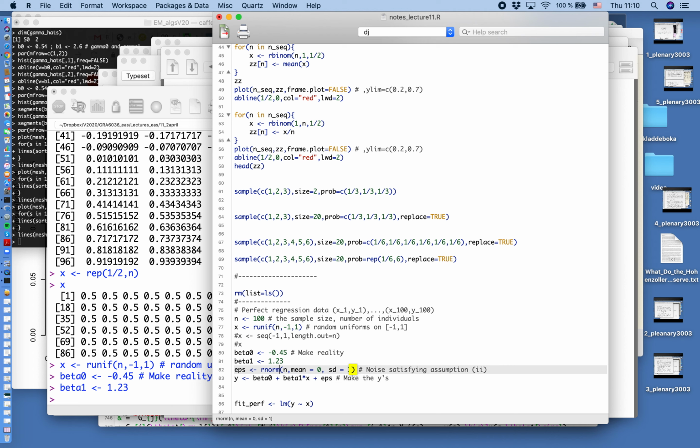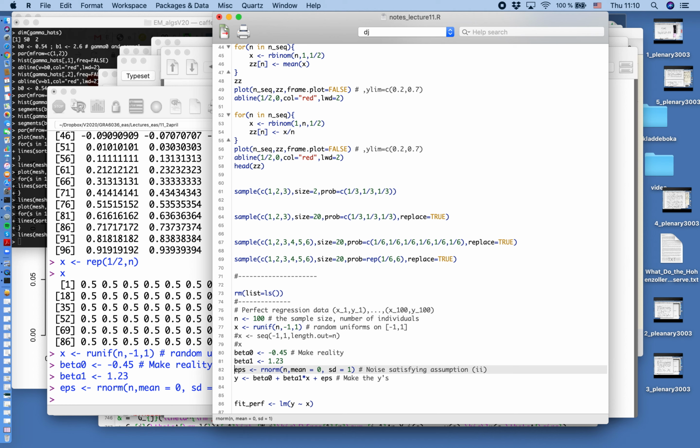That's why we are here drawing random normals with mean 0. We need one such draw for each individual, so that's why we have the n here. Then we say, how much variance do we want these to have? Here we say standard deviation 1, so variance 1. And now we get the randomness, so to speak, and then we can simulate our y's.